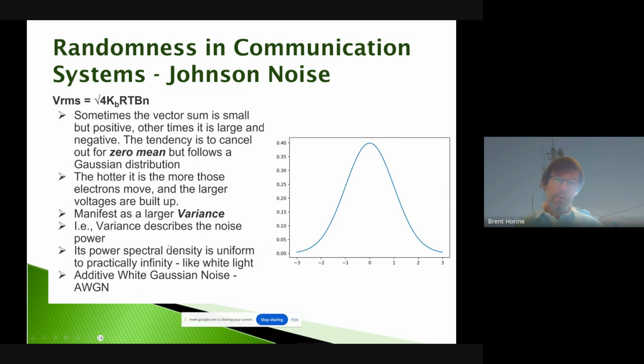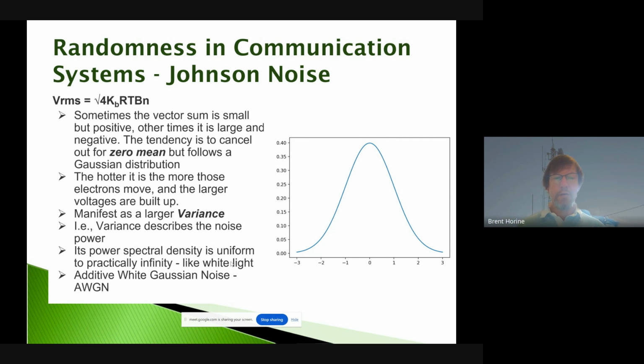But if we ignore that and look at most of the frequency ranges that we work with in electronics, and particularly in radio communications, its power spectral density is uniform. It's analogous to white light in the visible spectrum, where if we have a relatively constant representation of all the wavelengths in the visible spectrum, then the light will appear white to our sensory system.